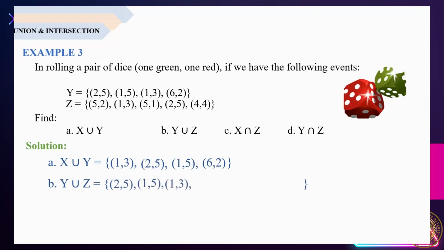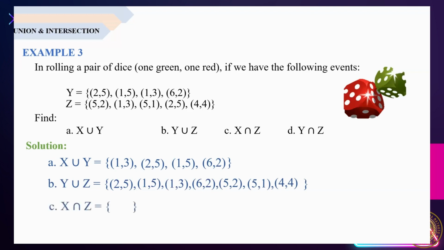We have 1, 3. We have 6, 2. We have 5, 2. Yung 1, 3 na isulat na natin kanina, kaya hindi na natin siya isusulat ulit. Then we have 5, 1. Then 2, 5 na isulat na natin kanina, so hindi na natin siya ilalagay. And the last is 4, 4. So yan yung union of Y and Z.